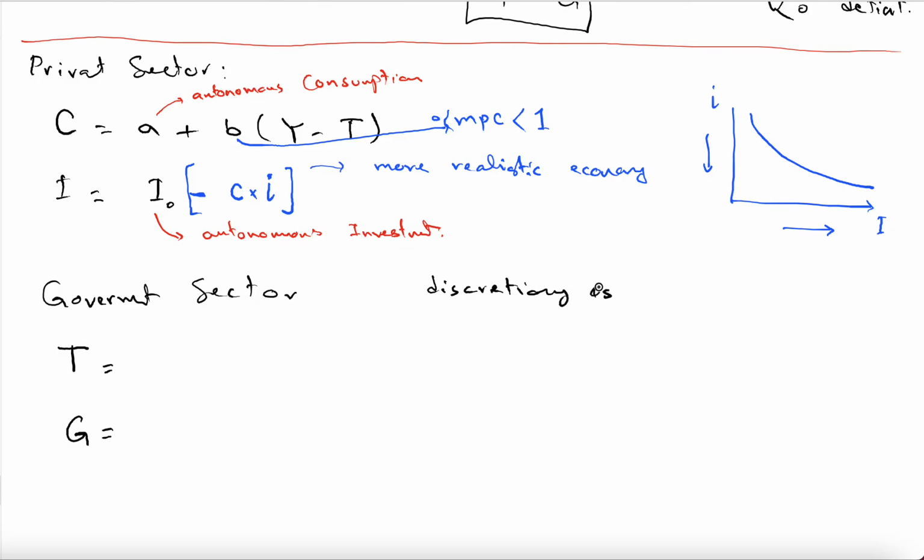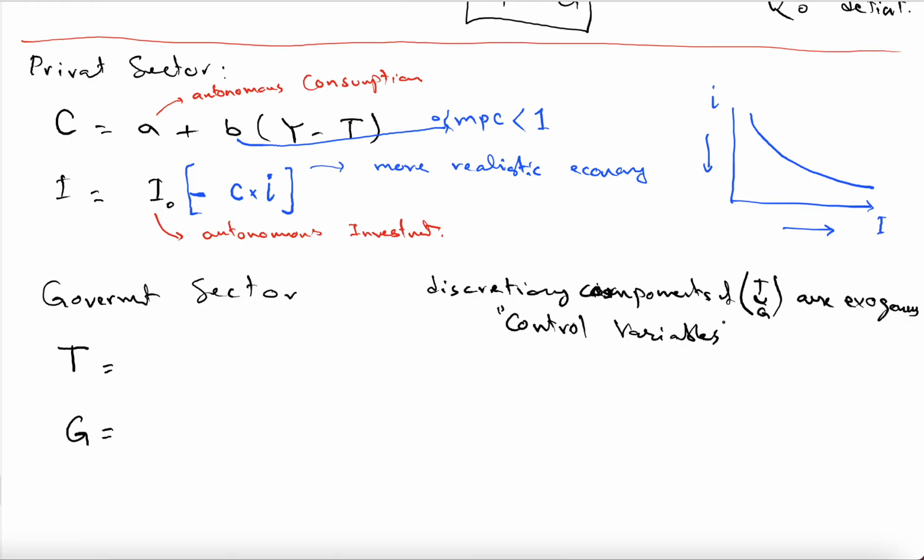Discretionary components of T and G are exogenous. It means that they are control variables, which can be controlled by the government, a deliberate change.